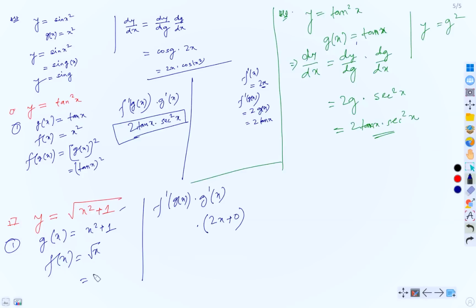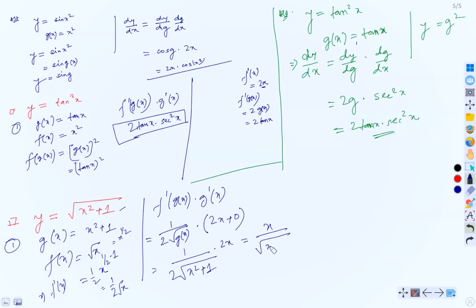Our f(x) is square root of x, therefore f'(x) is half x to the power half minus 1, so this becomes 1 by 2 root x. So from here we obtain 1 by 2 root of g(x), correct? Not x, g(x), because it is f'(g(x)). Now we substitute the value of g(x), x squared plus 1, times 2x, and simplifying we have x by root of x squared plus 1.